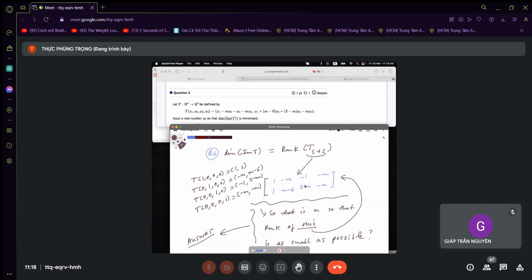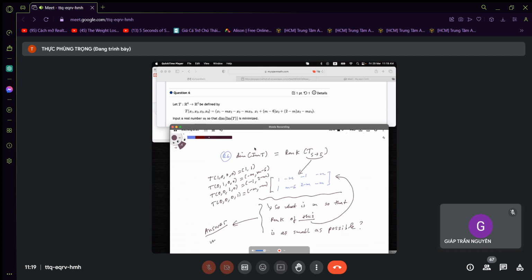If the 2 rows are not proportional, you get rank equal to 2, and that's the max. You don't want the max, you want the min. It means the 2 rows would be proportional, right? And the only way we have that is when they are the same, right? Because right here you have 1 and right here you have 1. They are proportional only when they are the same. So the answer would be 3, right? Yeah, so that's the last question.